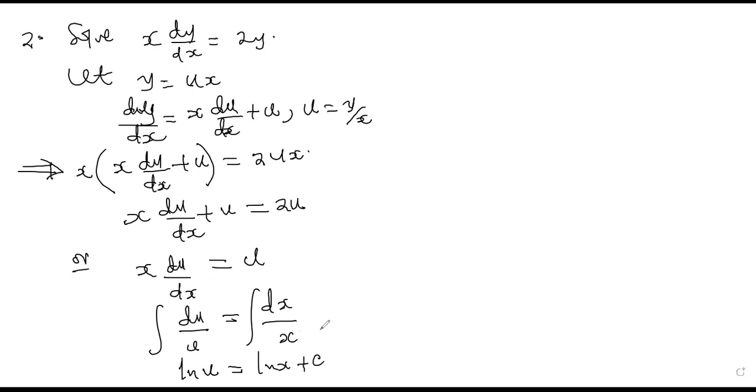Then plus a constant of integration. So with this case now, it is going to be ln, but u would be y over x. So ln y over x is equal to ln x plus c.